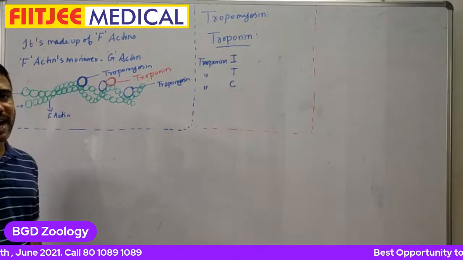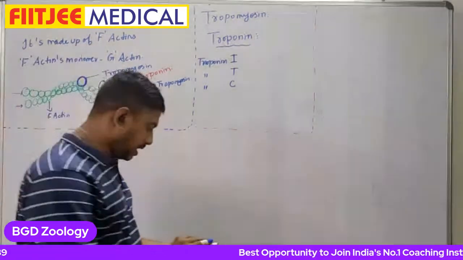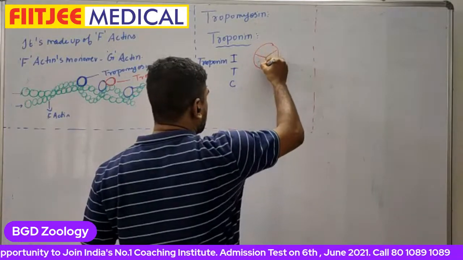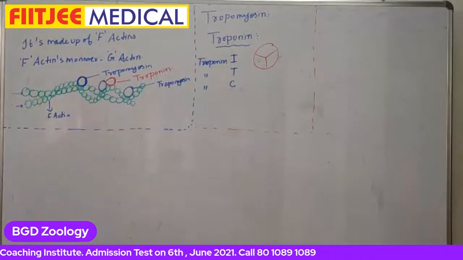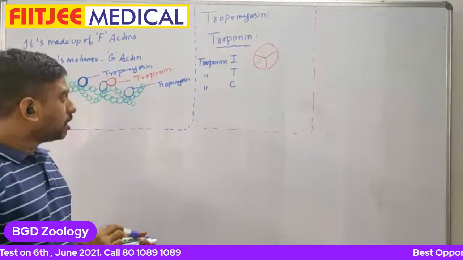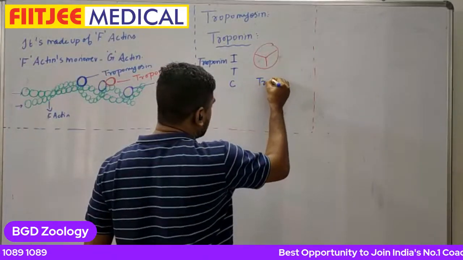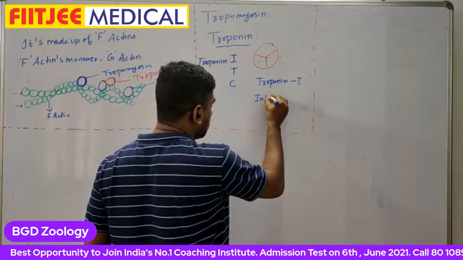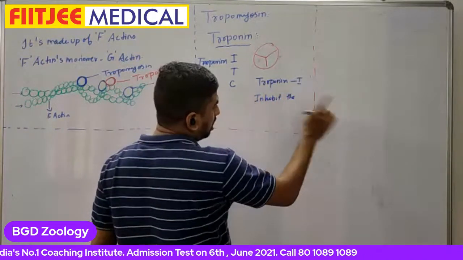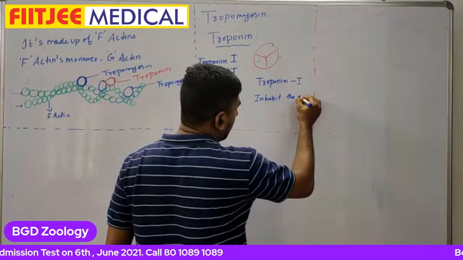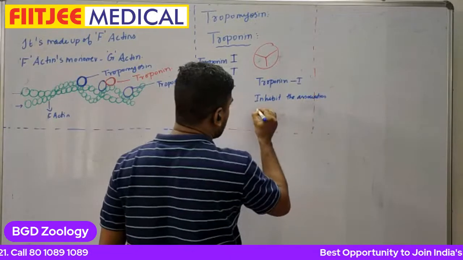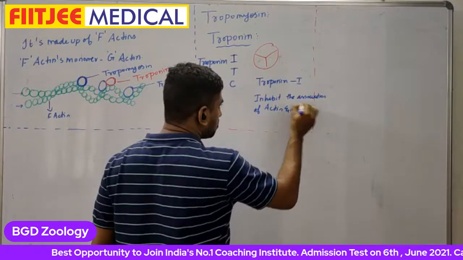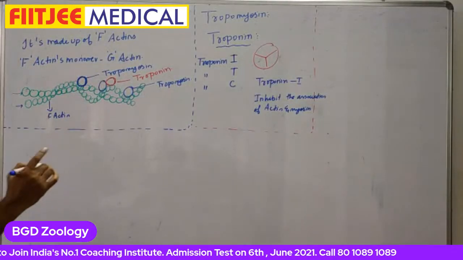So why the term troponin I? Listen to that point very clearly. Because this troponin I part will inhibit the association of actin and myosin. That's why we call it troponin I, because of the word inhibit.